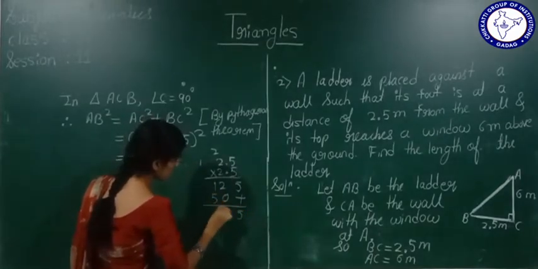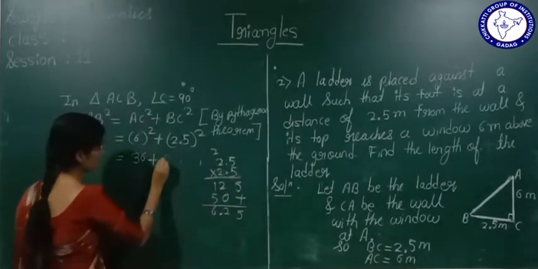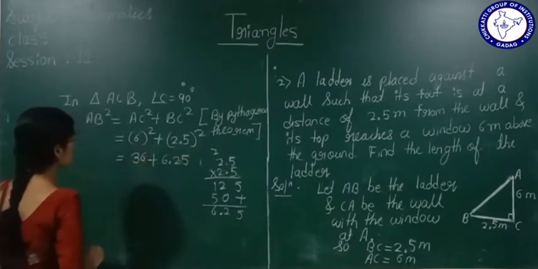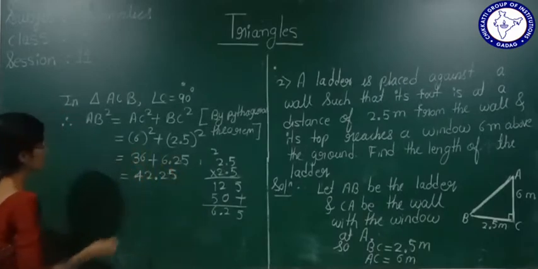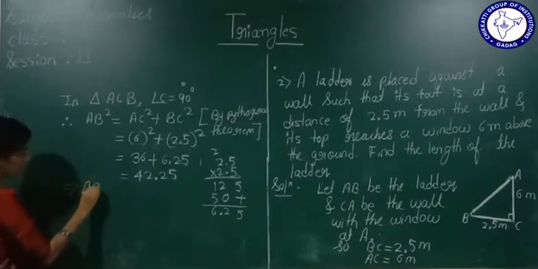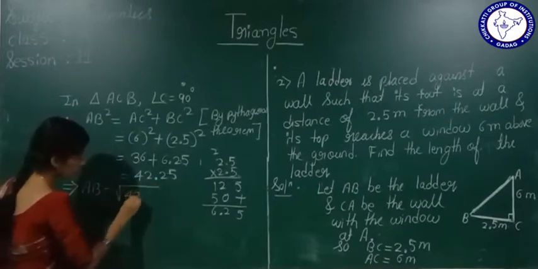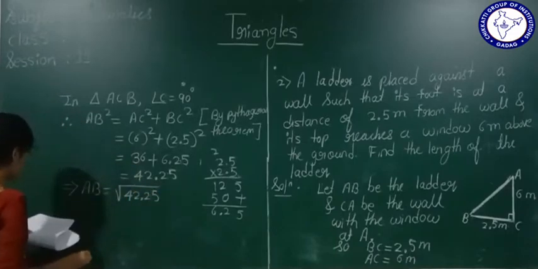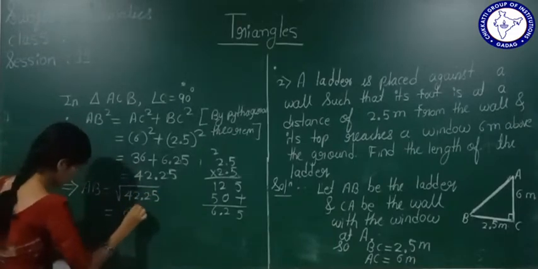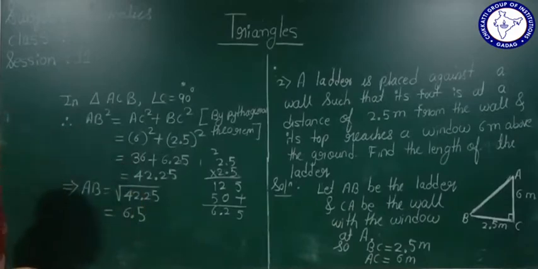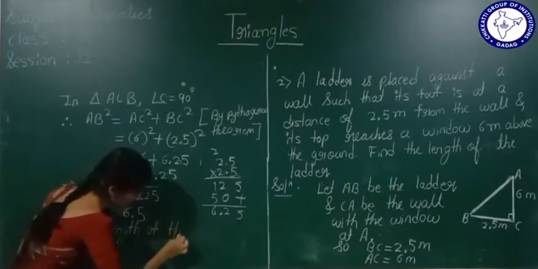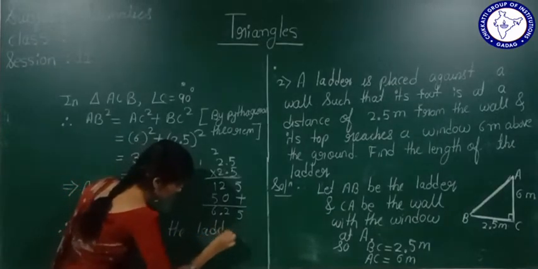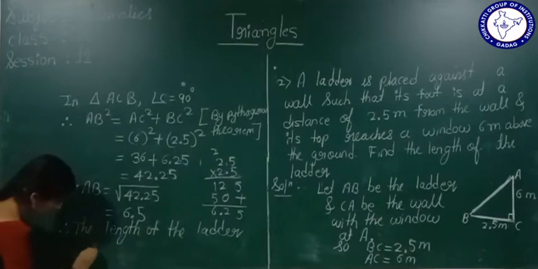It will be 6.25. 6.25 plus 36 is 42.25. Now this implies AB is equal to square root of 42.25. If you take the square root, it will come 6.5. Therefore, the length of the ladder is 6.5 meter.